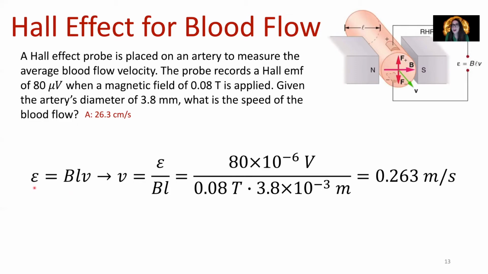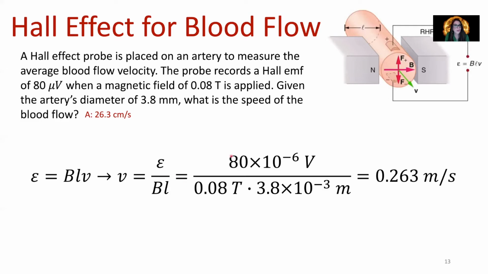The Hall EMF is equal to the applied magnetic field times the diameter of our artery times the speed at which the blood is flowing through the artery, and that blood is our charge carrier in this case. So if we solve this equation for v, the speed of our blood through the artery, v is equal to the Hall EMF divided by the magnetic field times the width of the artery.